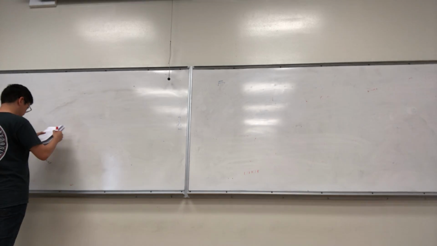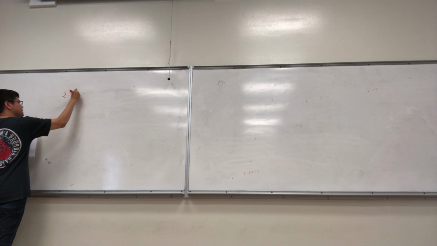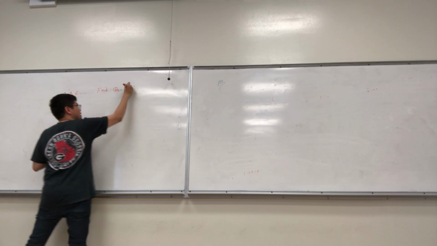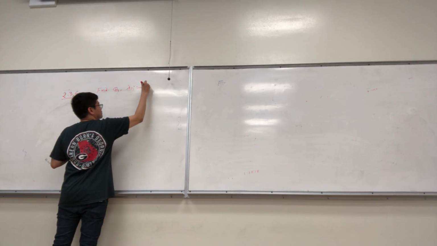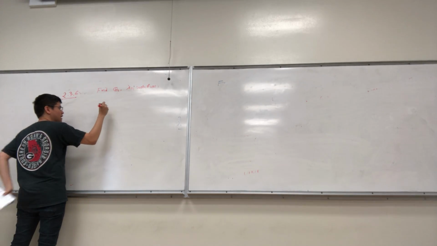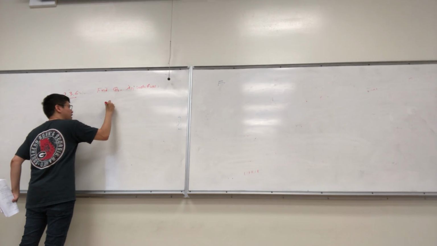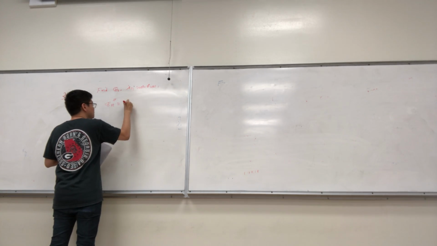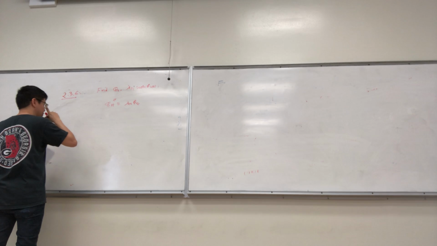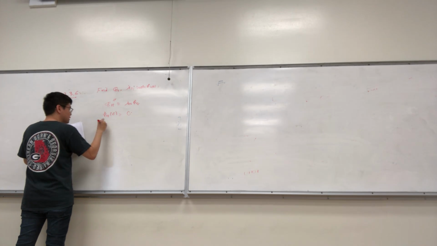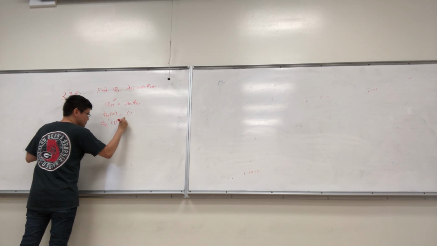Let us try to do 2.3.6. You find phi n and lambda n such that phi second n is equal to lambda n phi n, and phi n at 0 is 0, and phi n prime at 1 is 0.